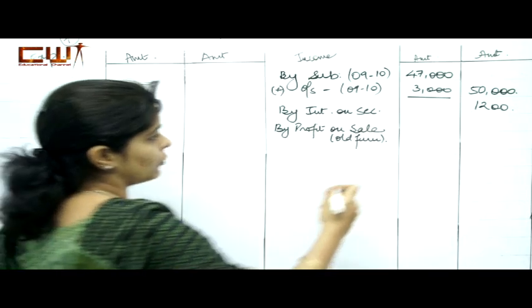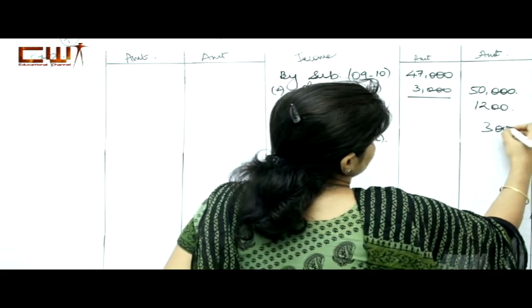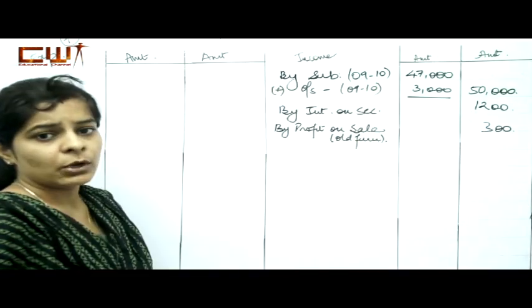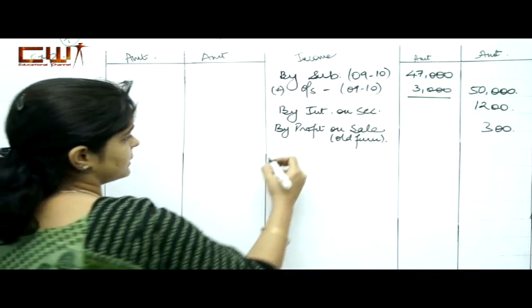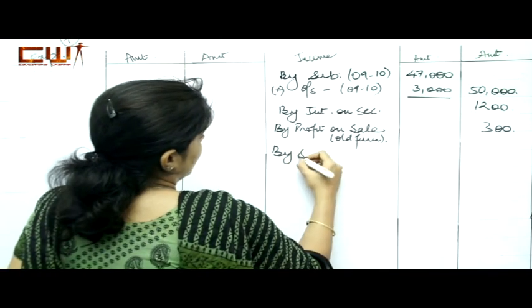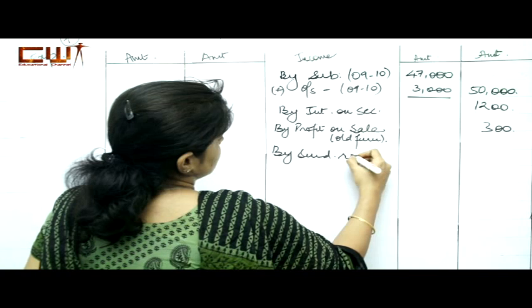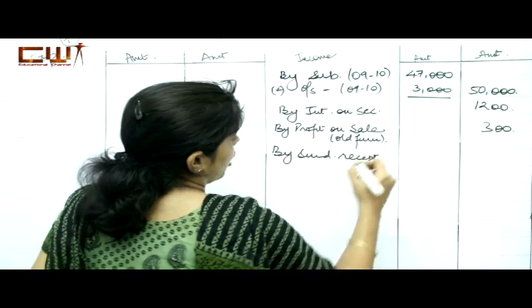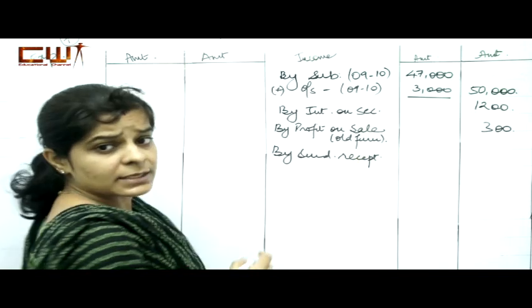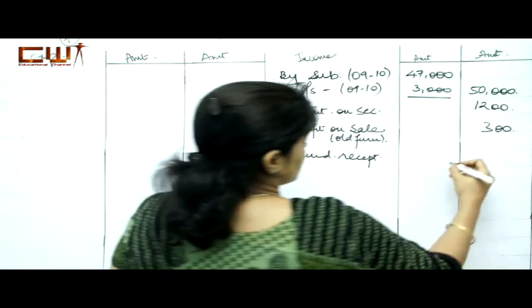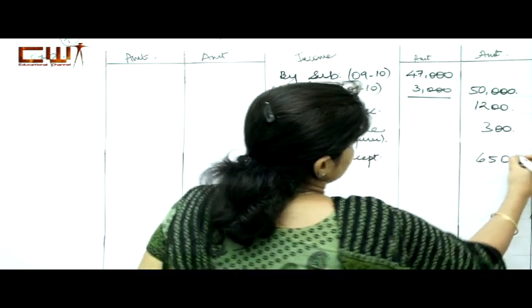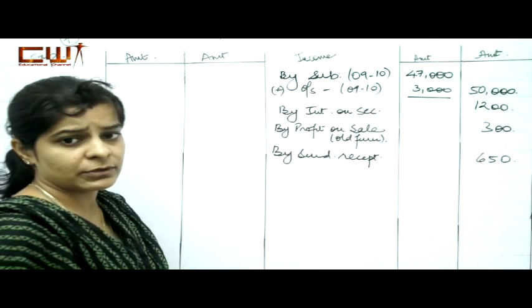How much is given to you? 300, right? What next is given to you? Sundry receipts. How much sundry receipts is given to you? 650, right? You will write 650 as sundry receipts.